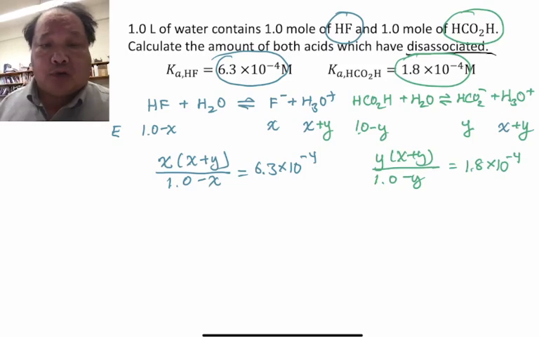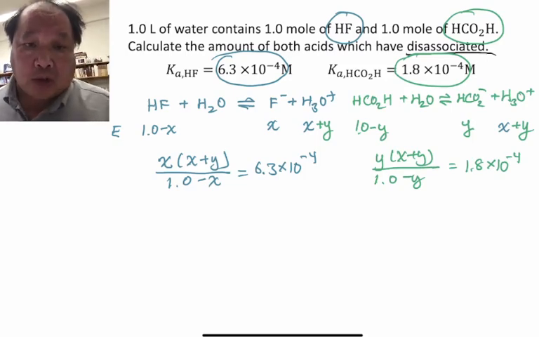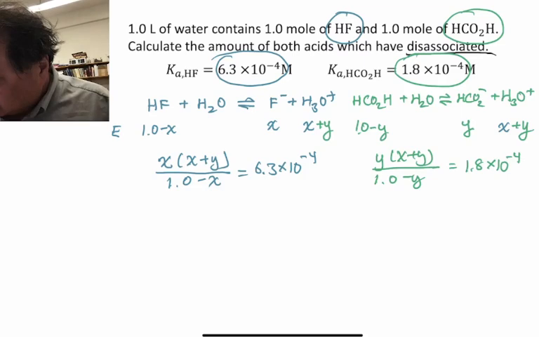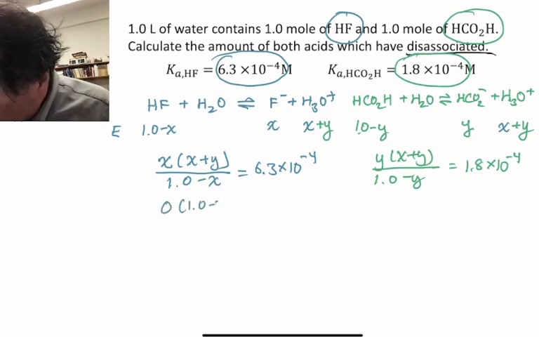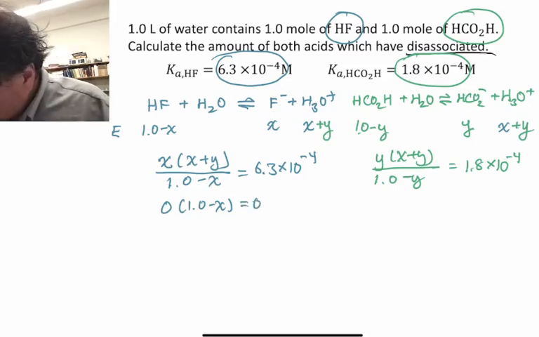Okay, so we see that in both cases the Ka's are quite small compared to the initial molarity. So we assume that both X and Y will be small compared to 1. And so the order of magnitude of 1.0 minus X is 0. And the order of magnitude of 1.0 minus Y will also be 0.